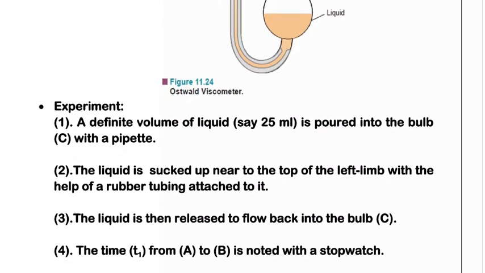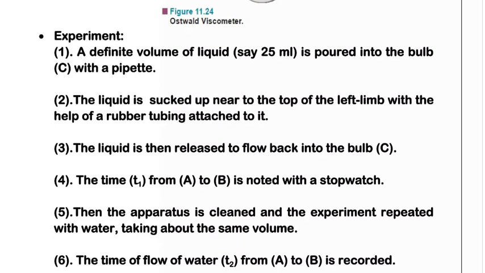Now the experiment. A definite volume of liquid, say 25 ml, is poured into the bulb C with a pipette. The liquid is sucked up near to the top of the left limb with the help of rubber tubing attached to it. The liquid is then released to flow back into the bulb C. The time t1 from A to B is noted with a stopwatch.